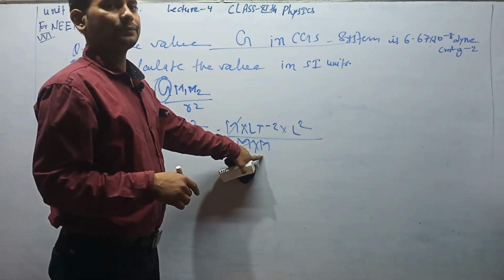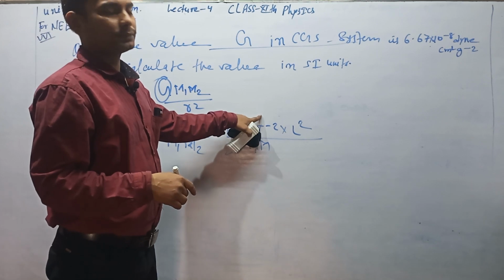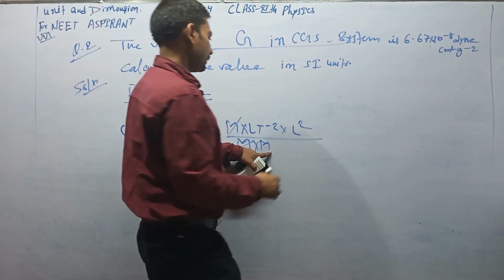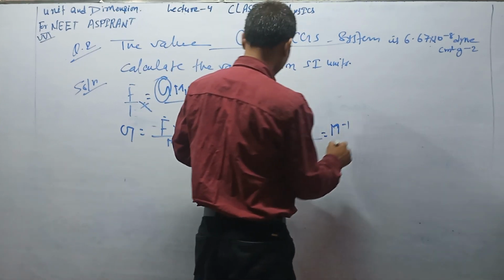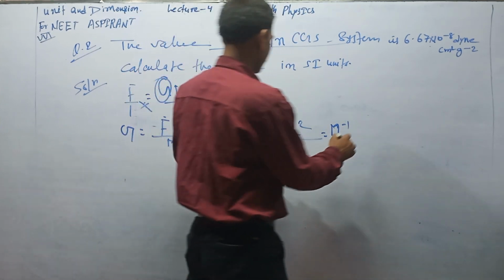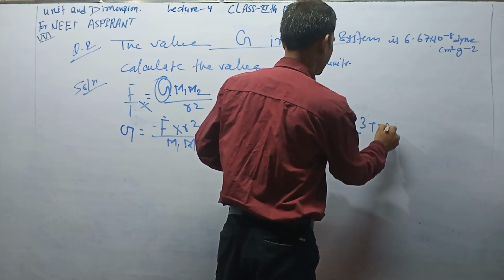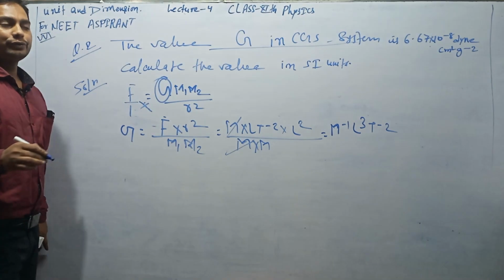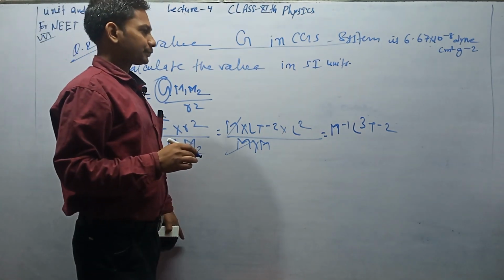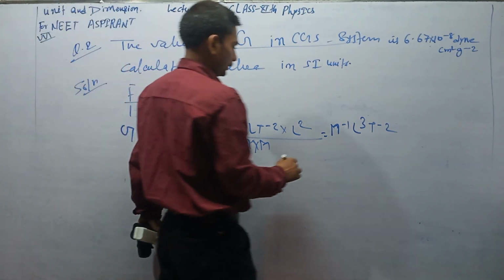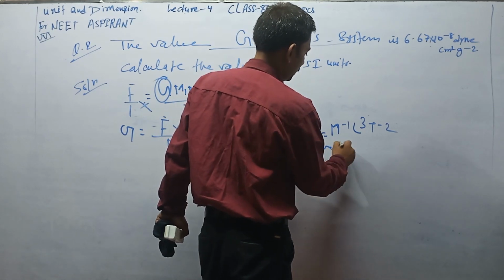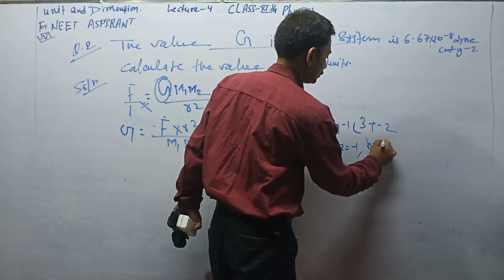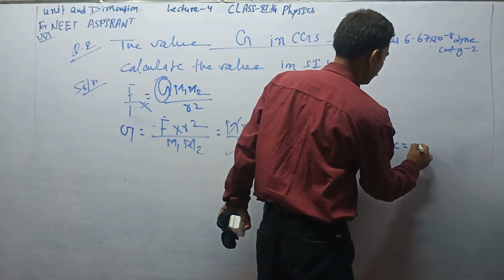If we take it in the denominator, then mass is written in inverse form. That means M inverse L cube T minus 2, where a equals minus 1, b equals 3 and c equals minus 2.